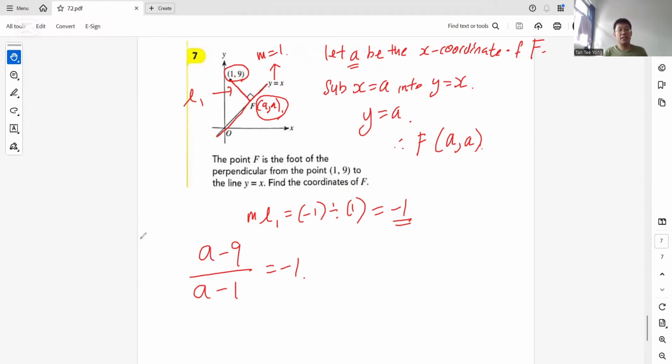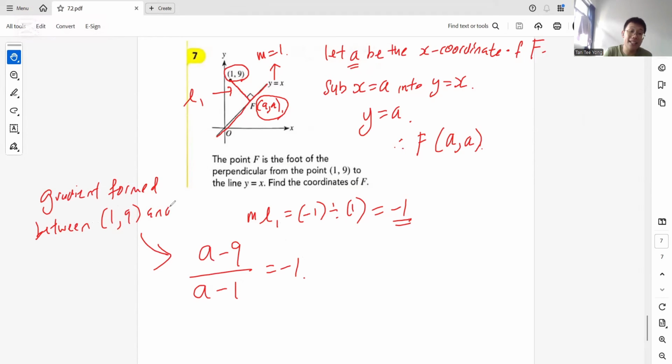Okay, you all understand how I get this? It's the gradient formed between my coordinate (1, 9) and F, which is (A, A). So that's why I have A minus 9 over A minus 1 equals -1.